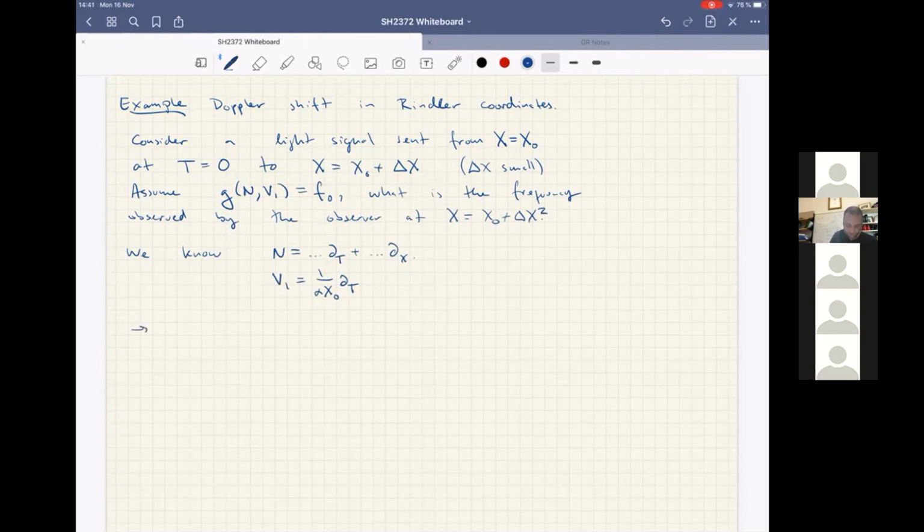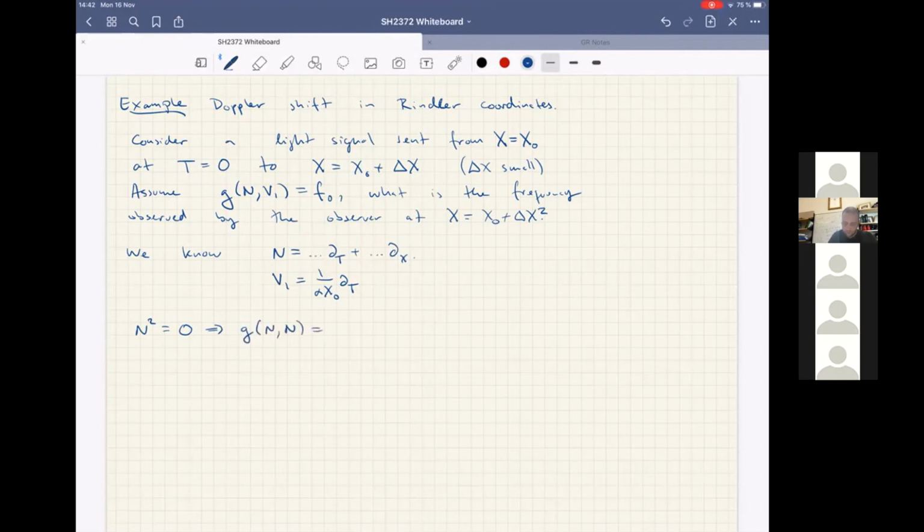So this means that f0 here, well, let me do the following first. We know that n, the four-frequency, is going to be light-like. So n squared should be 0. So this is going to give us some relation between these components, right? So we had the metric.